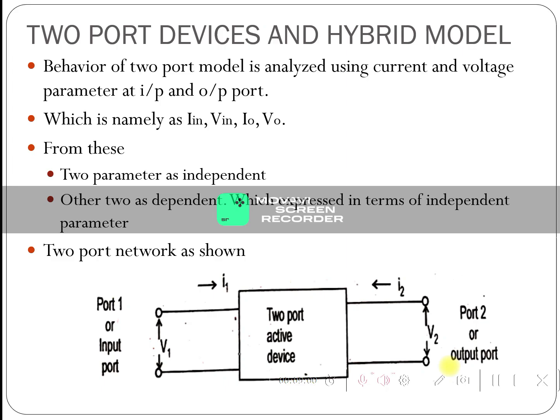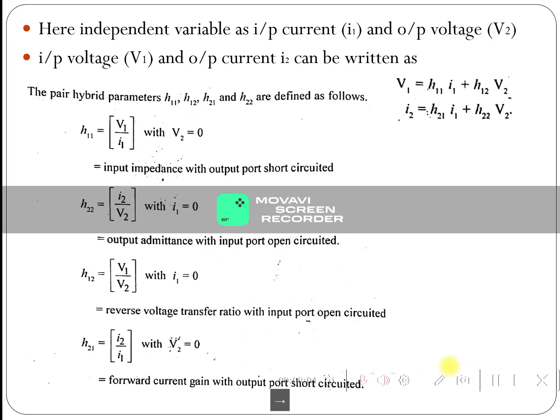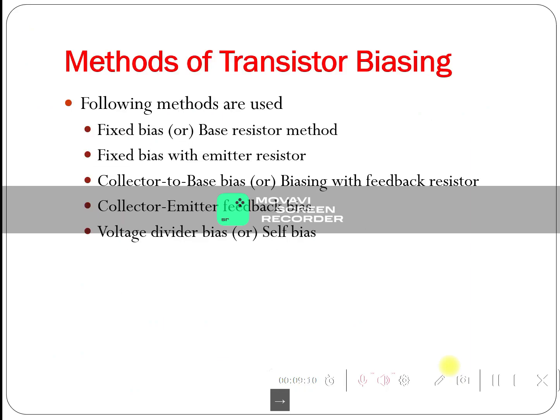Next one, two-port devices and hybrid models. The model parameters are H11, H12, H21 and H22. Methods of transistor biasing.